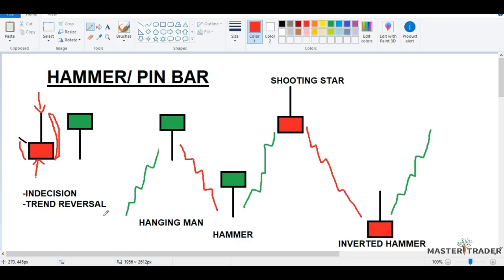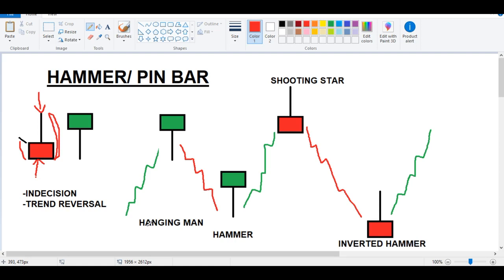Now, people have given hammers different names. So let's look at some of them. If we're in a nice uptrend, price is going up, and we see this hammer at the top of the trend, that is known as a hanging man. You can call it a hammer, which is what I do, or you can call it a hanging man. Many times you might hear people say hanging man.